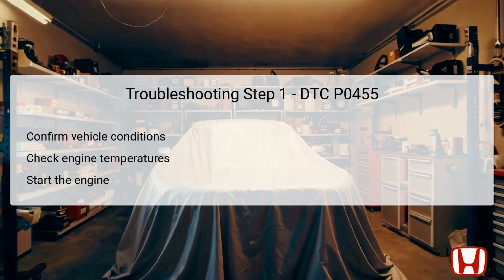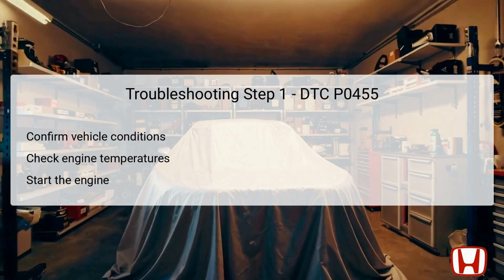The first step in troubleshooting the P0455 code is to ensure the vehicle is in the proper operating conditions. It is essential to confirm that the engine coolant temperature, as detected by the engine coolant temperature (ECT) sensor, and intake air temperature from the intake air temperature (IAT) sensor are within their designated range. This aids in accurate diagnosis.